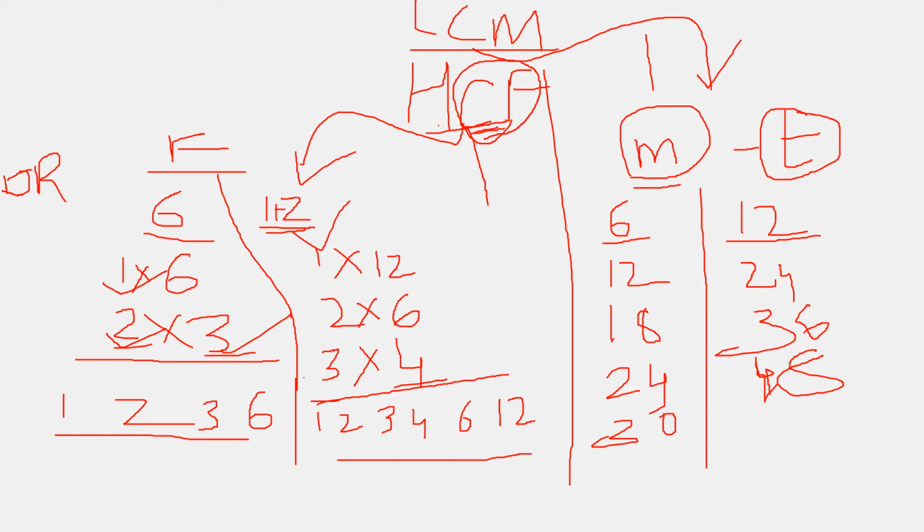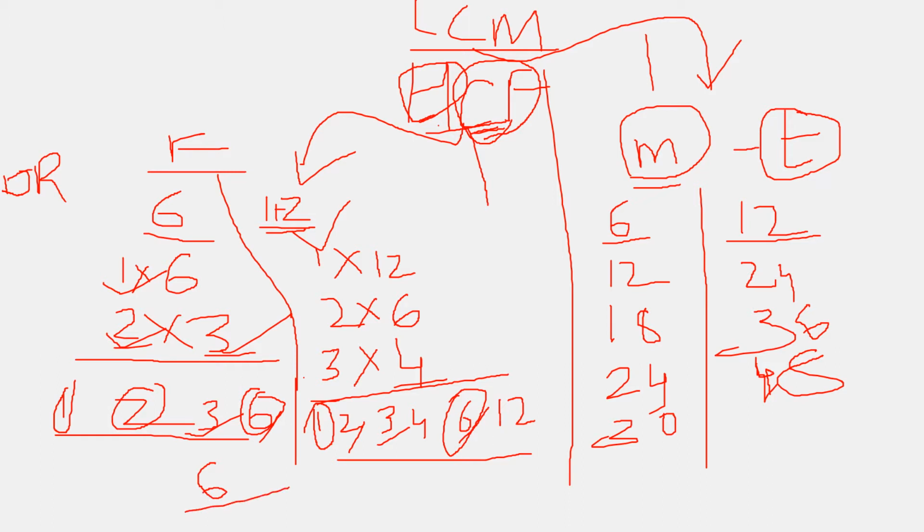So what are the common things here? 1, 2, 3 and 6. Now from these common things, it asks you to find the highest one. So what is the highest one? 6. So 6 is the HCF of 6 and 12.